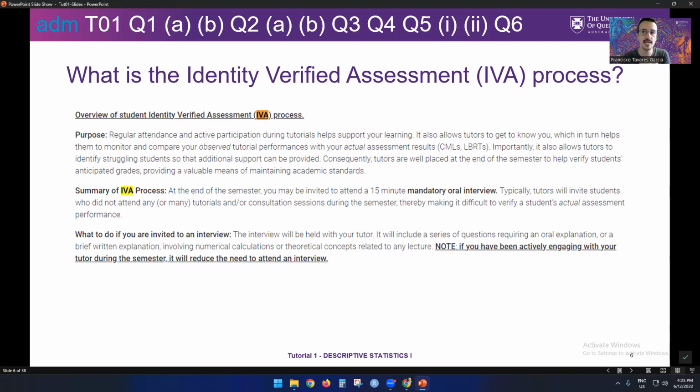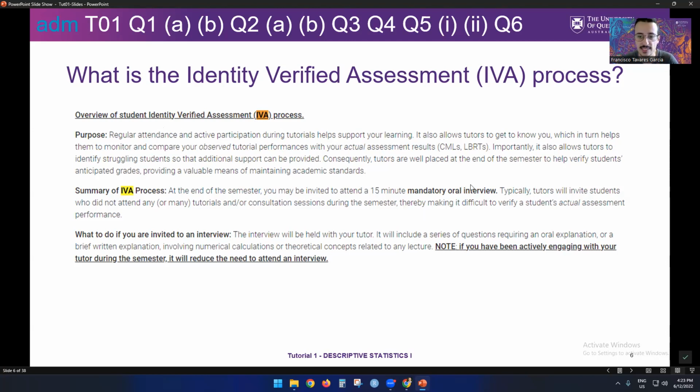So the more you can attend tutorials and interact, the better. The smaller the chance of us inviting you for an Identity Verified Assessment, the IVA, by the end of the semester.